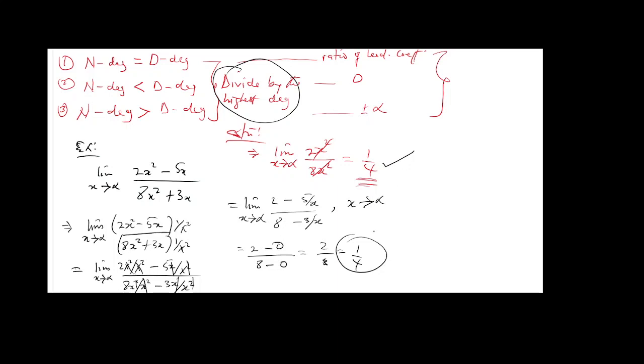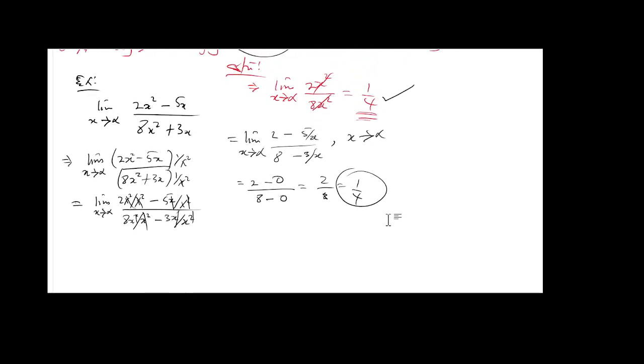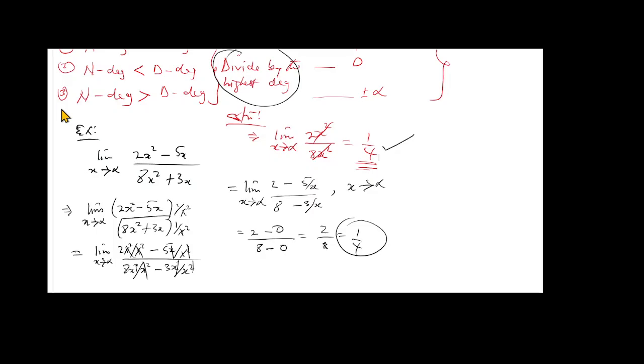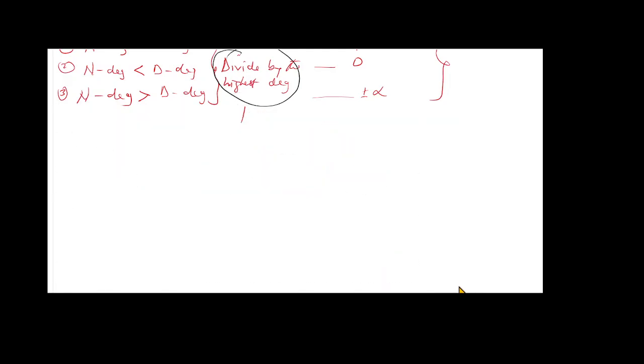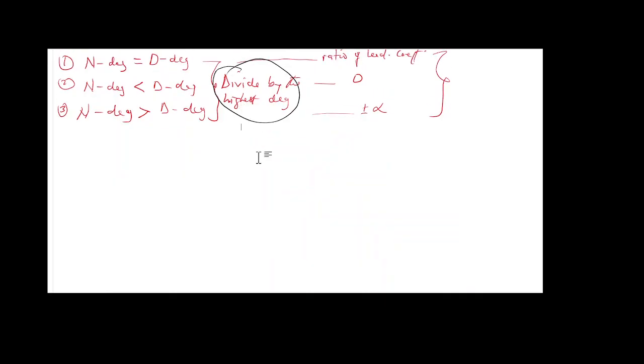Let's take another example. If you are given to evaluate the limit as x approaches infinity of 4x cubed minus x plus 2 all over 2x cubed minus 5x minus 1, how do you evaluate this?